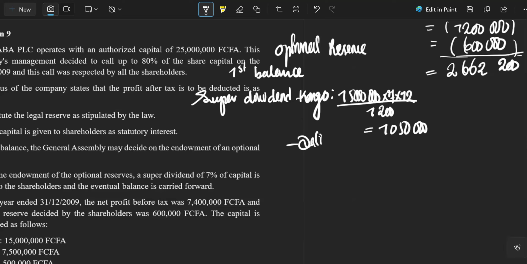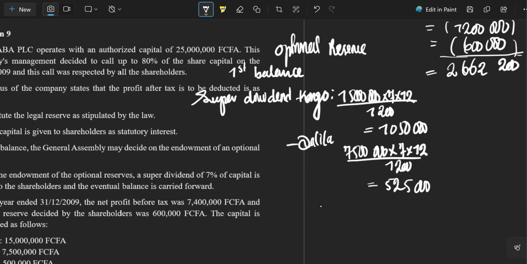The next one is Dalila. For the second person, we take 7.5 million times 7 times 12, divided by 1,200 francs, which gives us a total of 525,000.